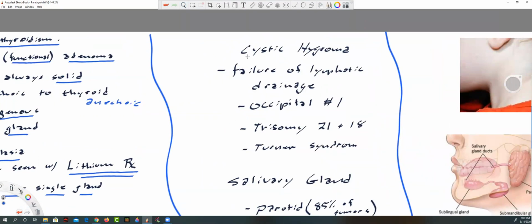You might be asked to look at, and I don't know why you would, or the person just might have one and you need to know, cystic hygroma. We kind of talk about these more next semester in OBGYN because we see these in utero. We see these with trisomies 21 and 18, 21 being Down syndrome, and Turner syndrome. Cystic hygromas are the failure of lymphatic drainage. And so remember our lymph system, you know, so I can't do it with this pen.